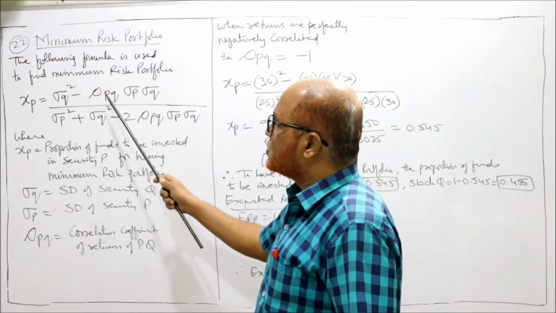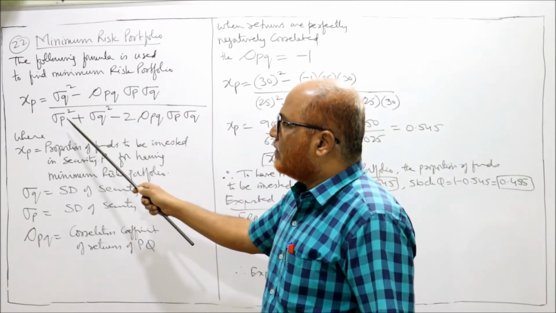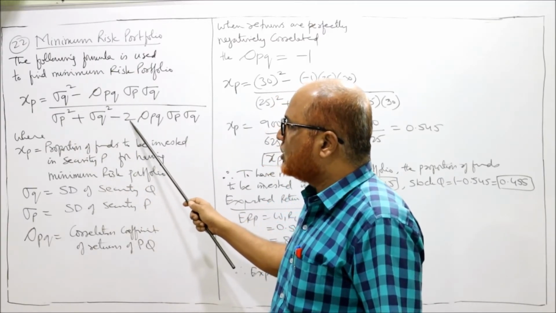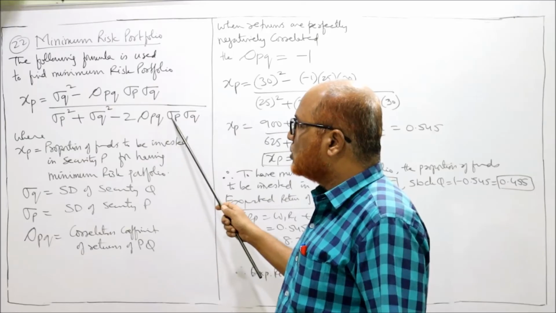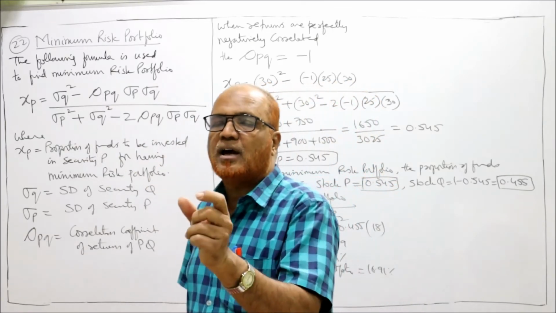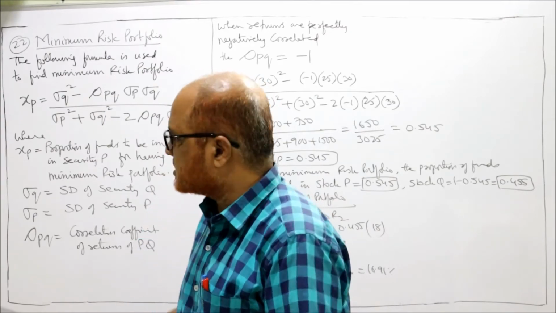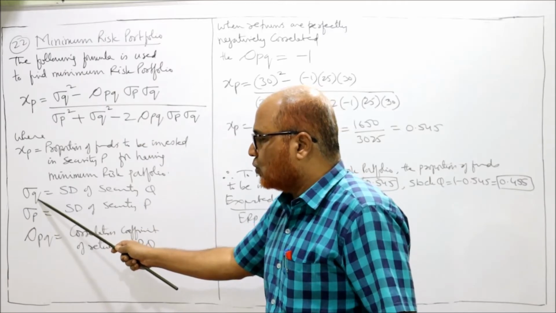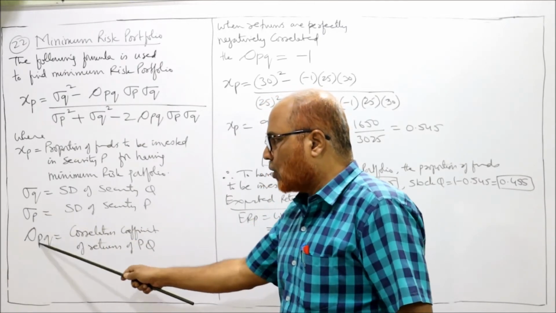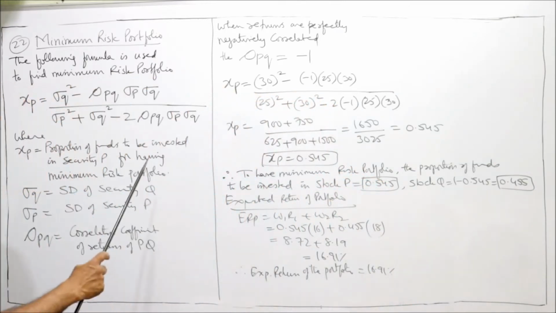Rho PQ, sigma P into sigma Q, divided by sigma P square plus sigma Q square minus 2 into rho PQ into sigma P into sigma Q. This formula is for finding out how much funds to be invested in security P to have minimum risk. Sigma Q is the standard deviation of security Q, sigma P is the standard deviation of security P, rho PQ is the correlation coefficient of returns of P and Q. This information is given in the problem.